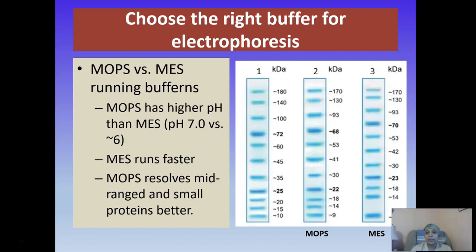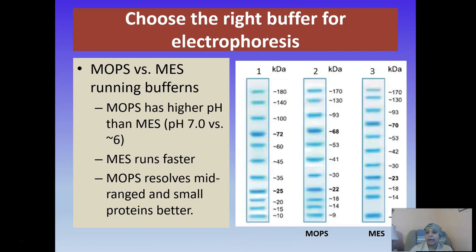For example, in this particular image, you have the same proteins run using different types of buffers. In lane 2, you have MOPS, in lane 3, you have MES, and in lane 1, you have just a typical running buffer. And you can see how the same bands show up differently in these particular buffers.